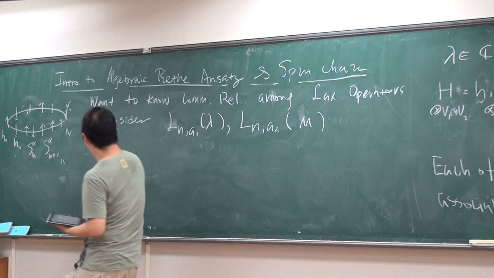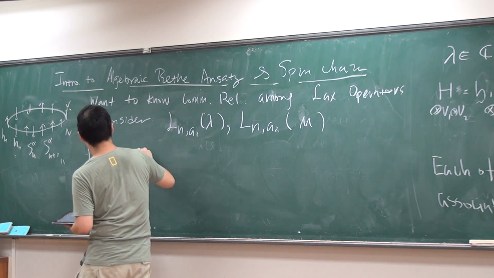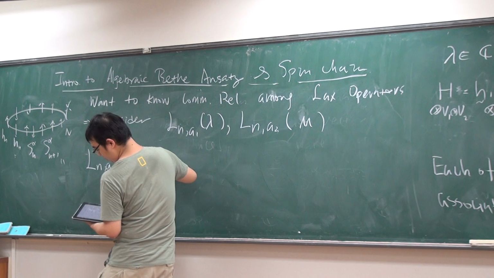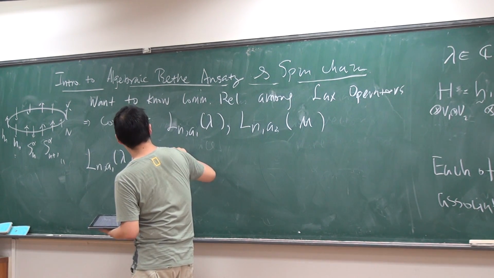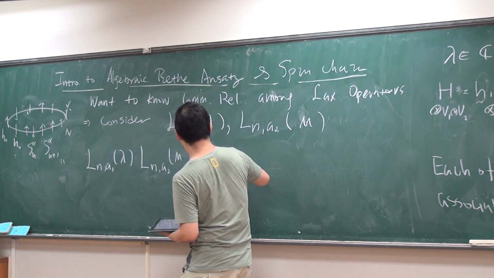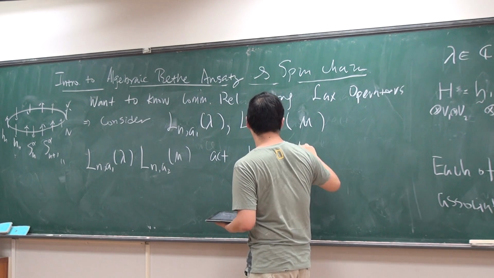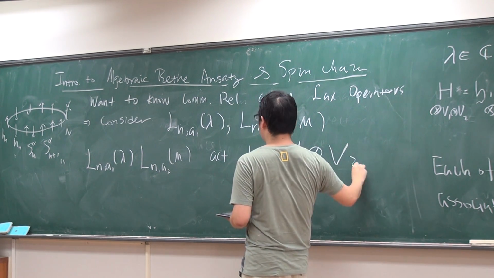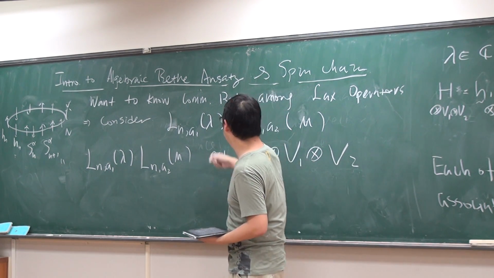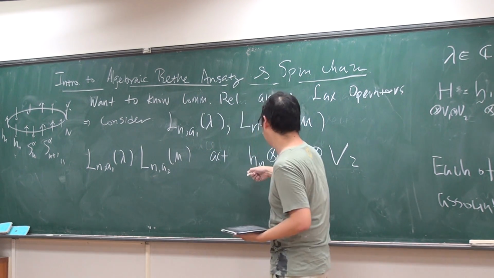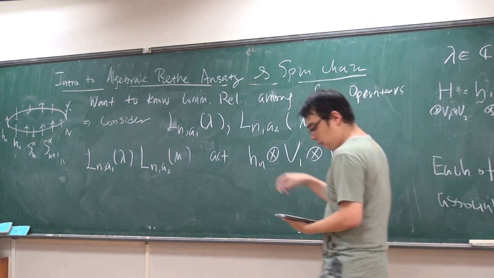The operators will be acting on Hn tensor product V1 and V2, since this one acts on Hn tensor product V1 and this one acts on Hn tensor product V2. Okay?